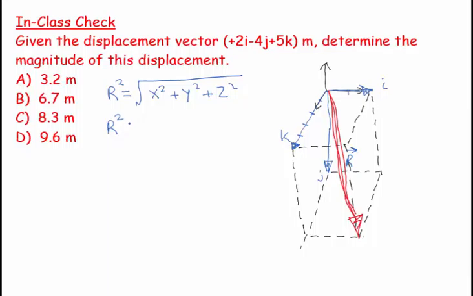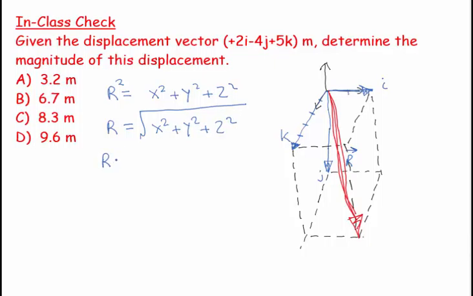So R squared is equal to x squared plus y squared plus z squared. So R is equal to the square root of x squared plus y squared plus z squared.